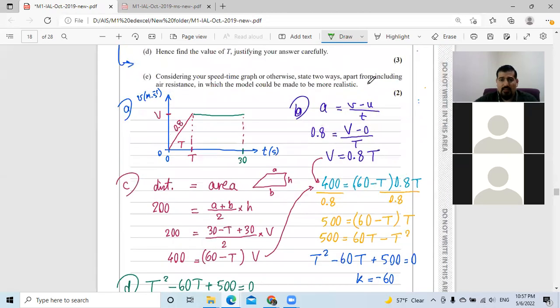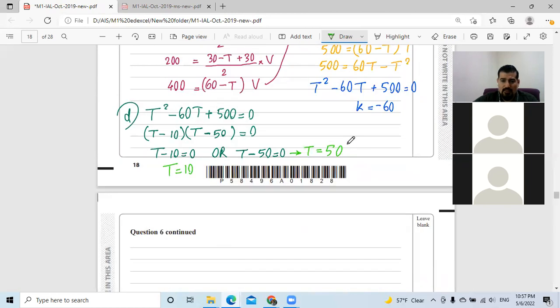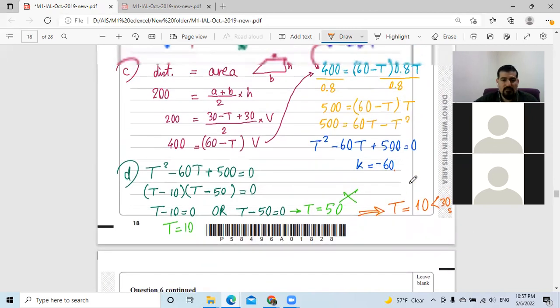But they say that the whole time is supposed to be less than 30 seconds. So I'm going to neglect this value. My answer, t equal to 10, since the whole race is less than 30 seconds. So my answer is 10. Good.